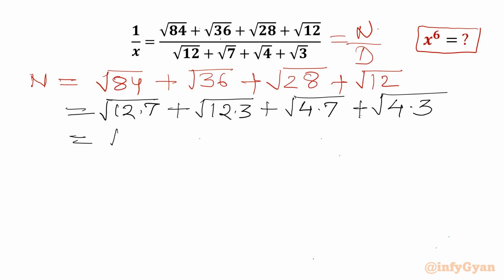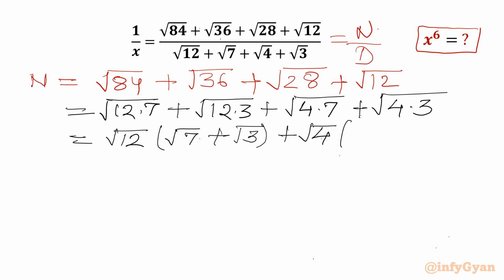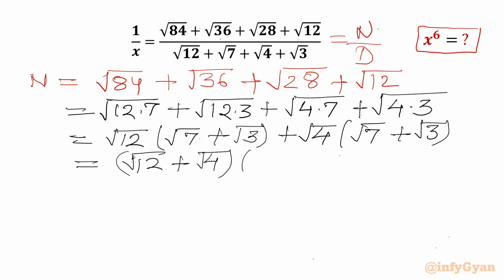Now root 12 is common from first two terms. So root 7 plus root 3 in the bracket, plus root 4 is common from last two, root 7 plus root 3. Or I can write my factors root 12 plus root 4 times root 7 plus root 3.